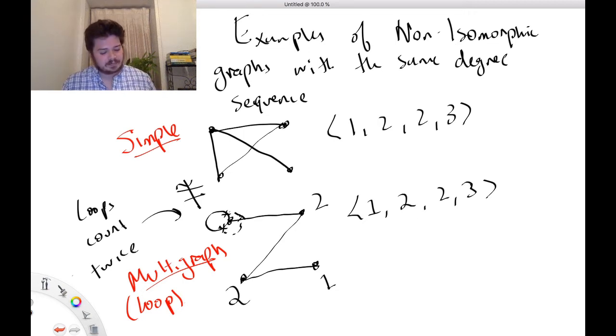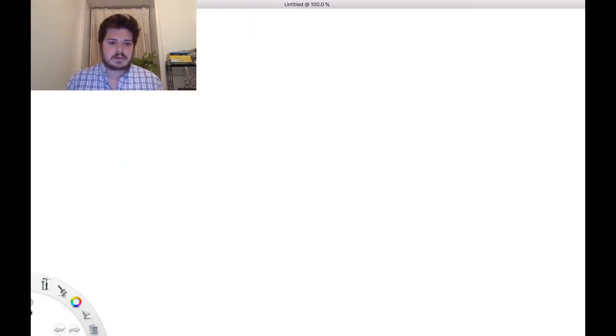But let me give you an interesting one where you have 2 simple graphs, but it turns out they're also not isomorphic. Here's one graph.